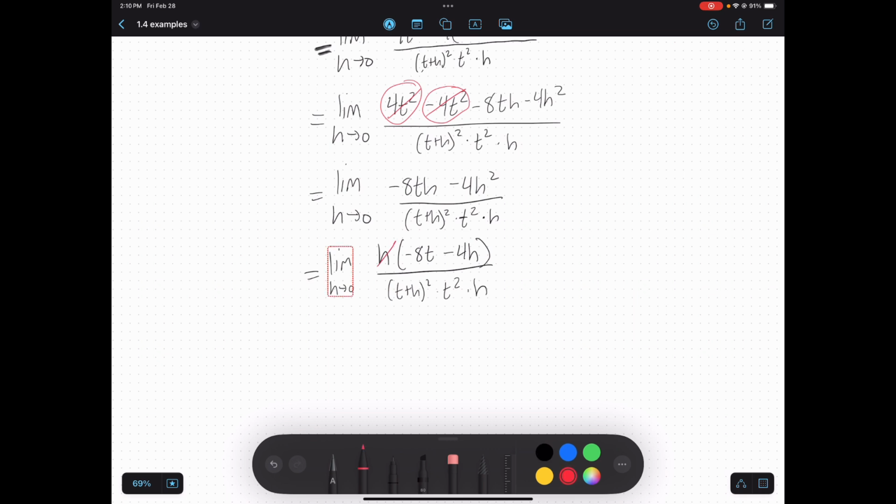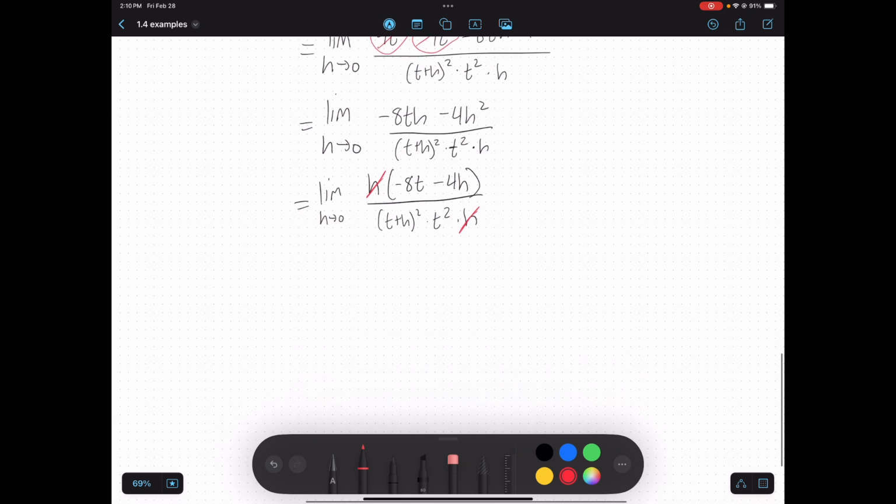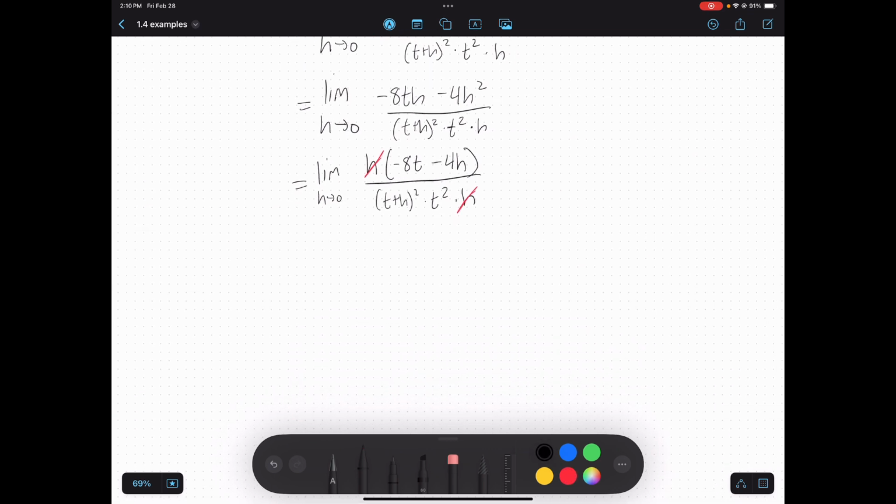I can now cancel this h in the numerator out with my h in the denominator, which eliminates my discontinuity. And I'm left with this limit as h approaches 0 of negative 8t minus 4h over t plus h squared times t squared.